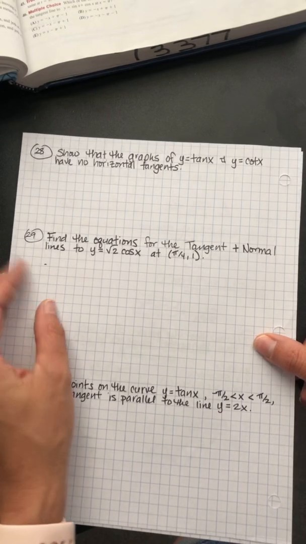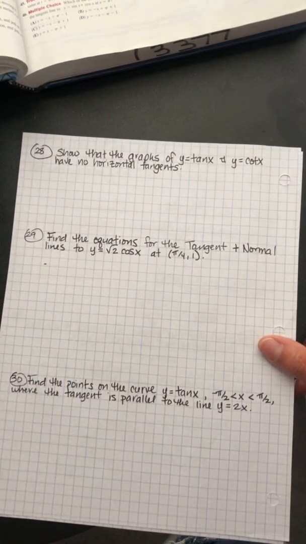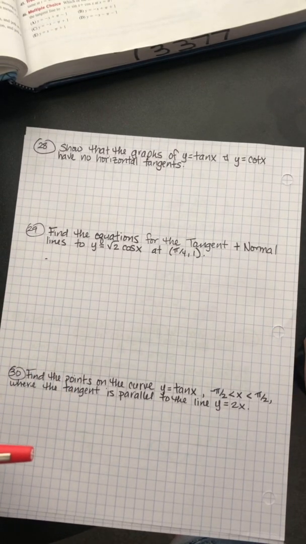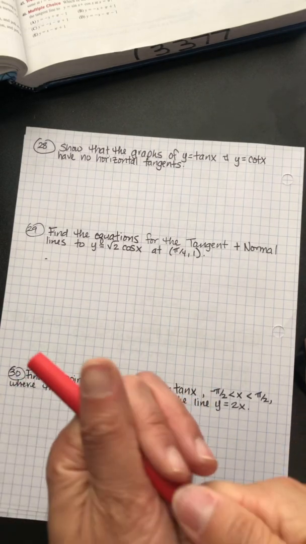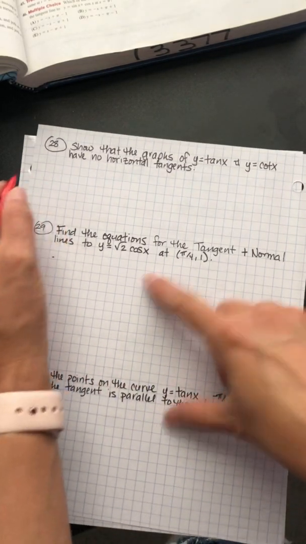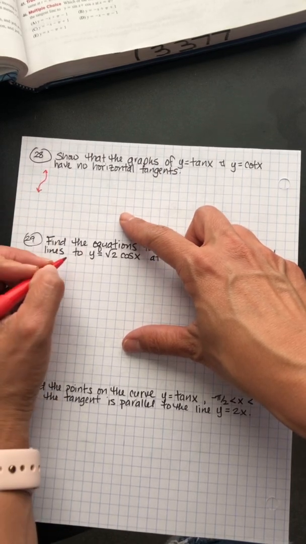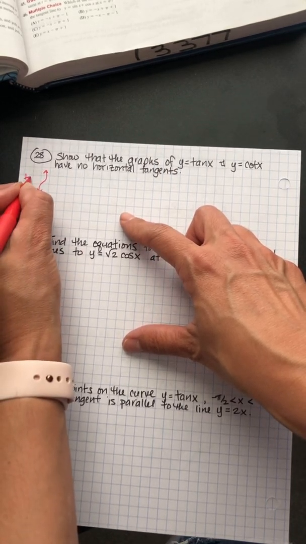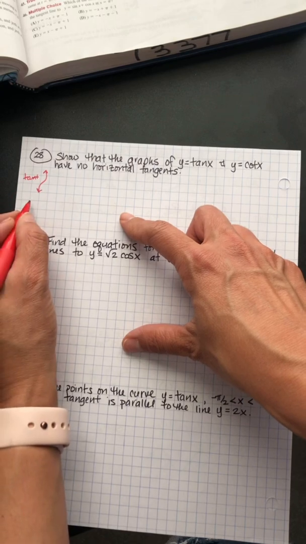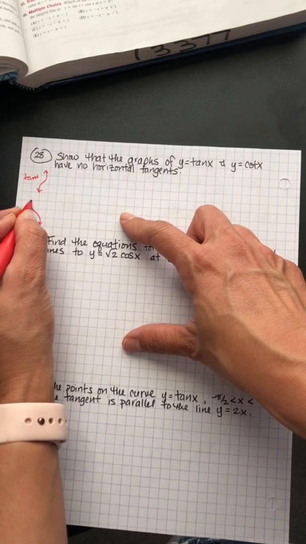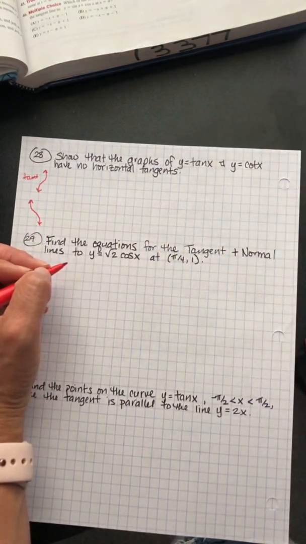Number 28, show that the graphs of y equals tangent of x and y equals cotangent of x have no horizontal tangents. Okay, so when we think tangent of x, we should be thinking something like this. And when we think cotangent of x, it's similar, but it goes like this.